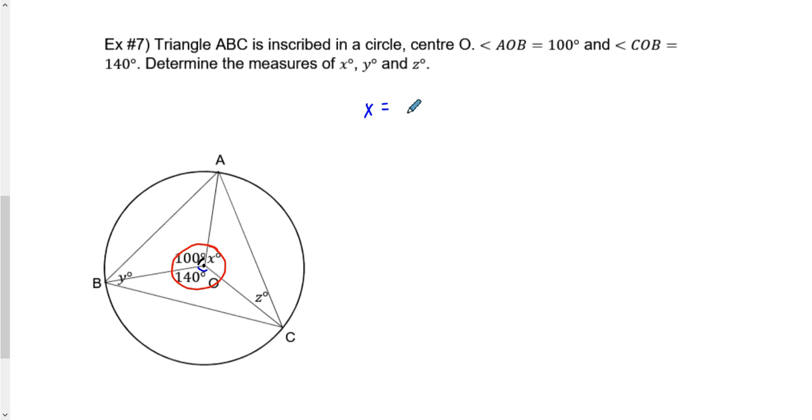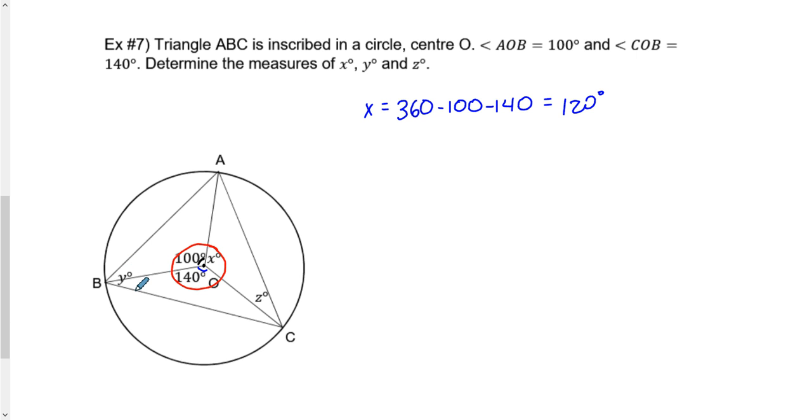And of course, by grade 9, you should know that there's 360 degrees in a circle. So we just subtract that 100, subtract the 140. Sorry, brain's not working this morning. Oh, I definitely typed in multiply. That's 120 degrees. So angle X is 120 degrees.